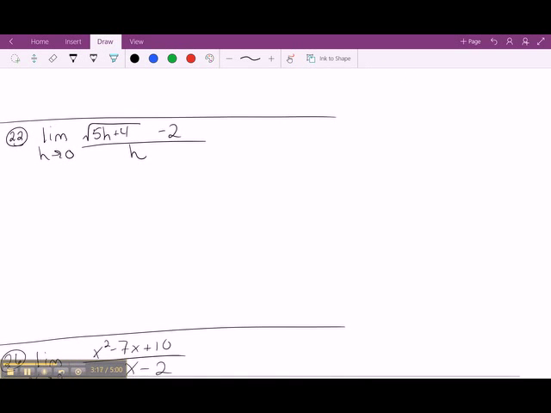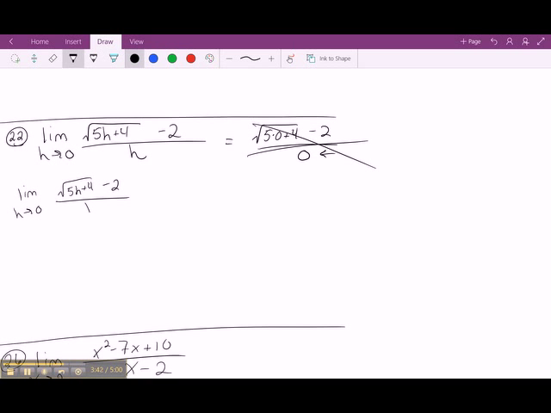Now, on number 22, if we try to plug in 0, we actually end up with a little bit of an issue here because we can't divide by 0. So that's our problem on this one. So we have to look at this and we have to say, well, maybe let's try some algebra, and let's see if algebra will let us restate this enough that we can look at it a little bit differently.